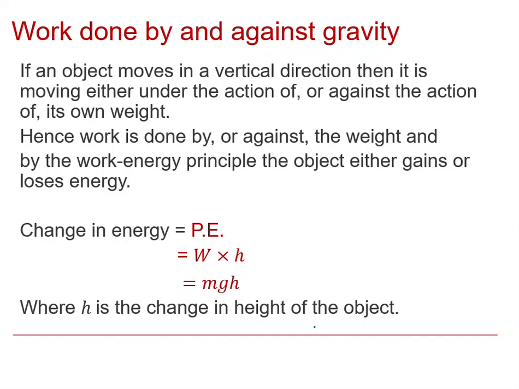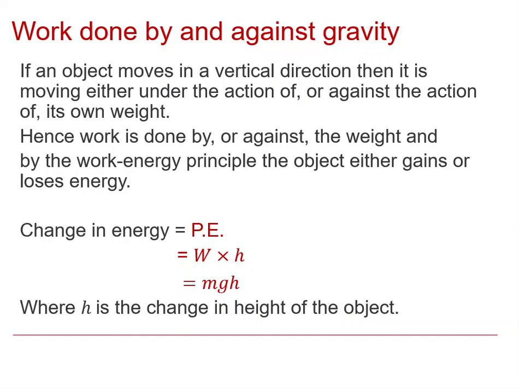Because potential energy is created whenever you work against gravity, that is, you move upwards, and it's released whenever you move downwards. In that case, you have the potential for gravity to do work. Either way, the general expression used is mgh, and it's easy to see why that's justified in the case of something moving vertically, because it's simply the force mg and the distance moved, which is h, whether it be up or down, with the appropriate sign.